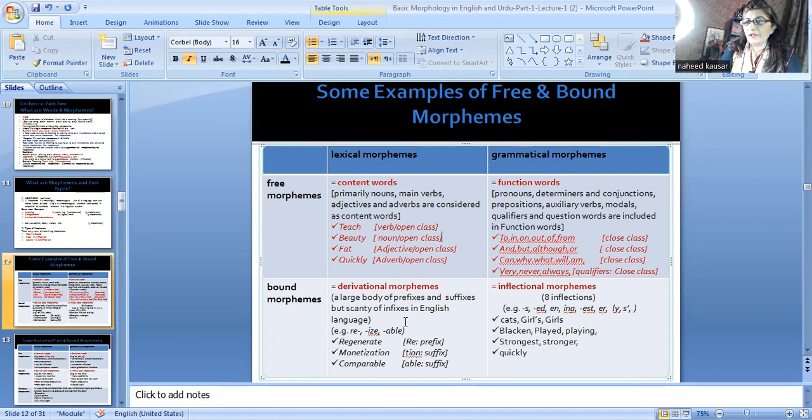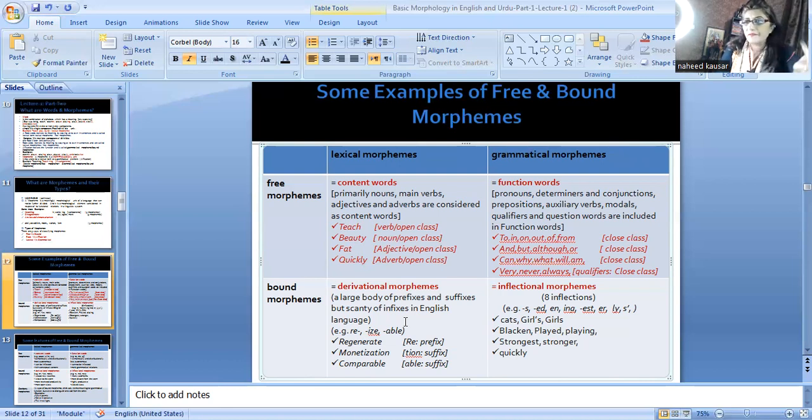But in English, we do not have any significant example of this type of affixation. So English is such a language where there is a scanty number of examples, rarely available. In most cases, infixation is not available in the English language.